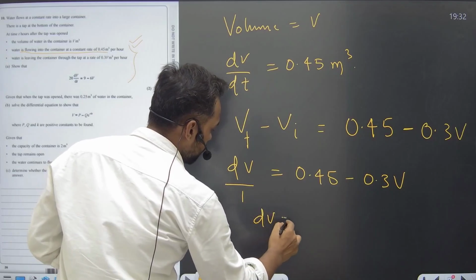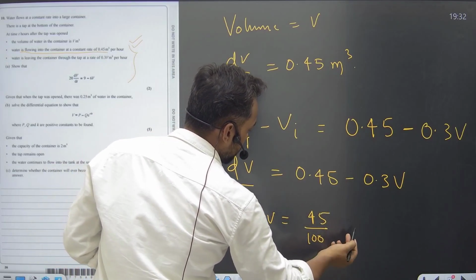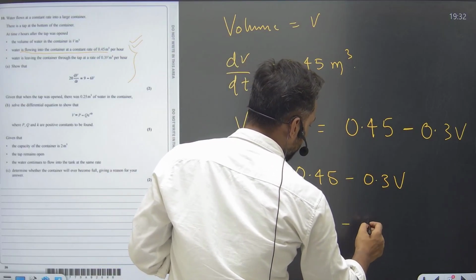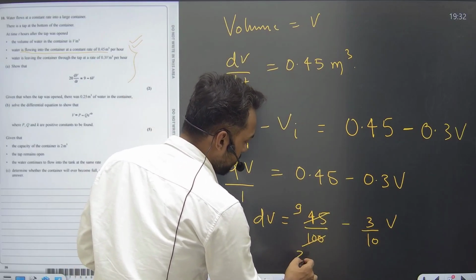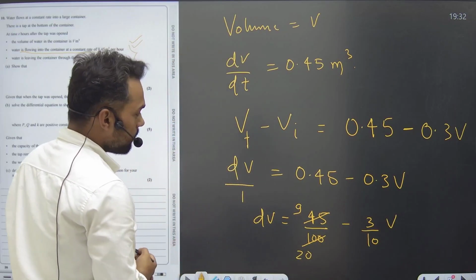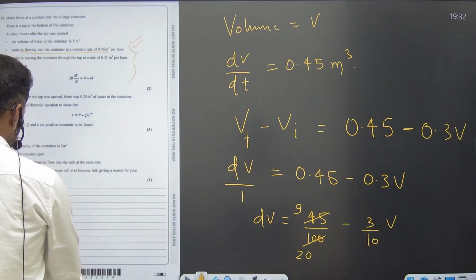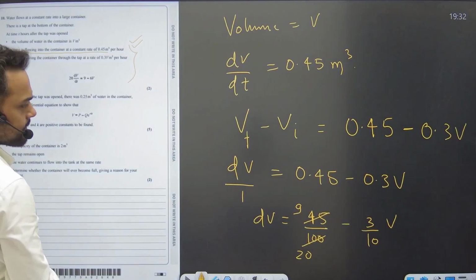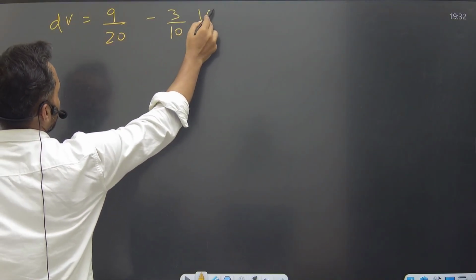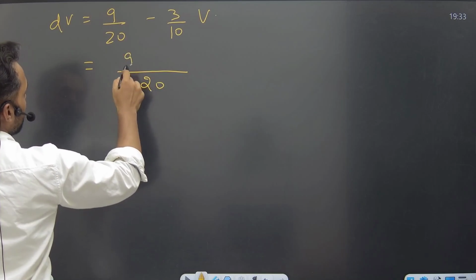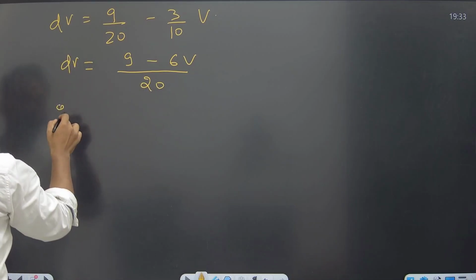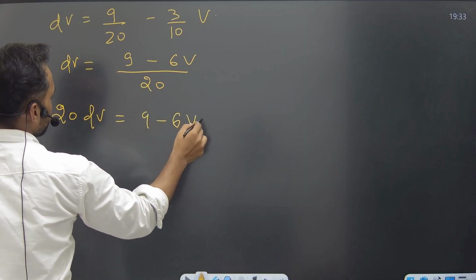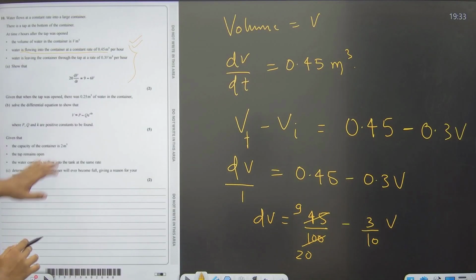So dV equals 45 by 100, and negative of 0.3 can be written as 3 by 10 V. On calculating further, dividing by 5, you will get 9 by 20 negative of 3 by 10 V. We just need to take the LCM here, so you will get 9 minus 6V upon 20. Transposing to the right-hand side, 20 dV equals 9 minus 6V. This is what they have asked for.